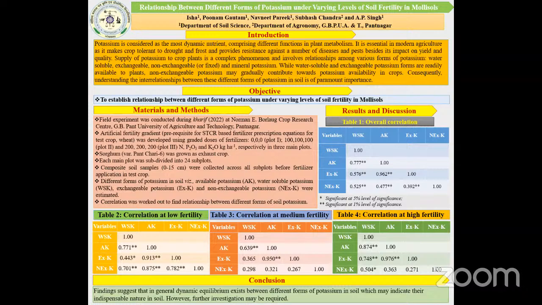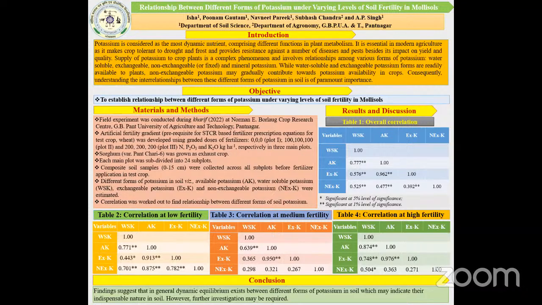However, when we considered the correlation at different soil fertility levels, it was notable that at low fertility there was highly significant correlation among the different forms of potassium, while in case of medium and higher fertility, mostly a highly significant correlation was noted between available potassium and exchangeable and water-soluble potassium.